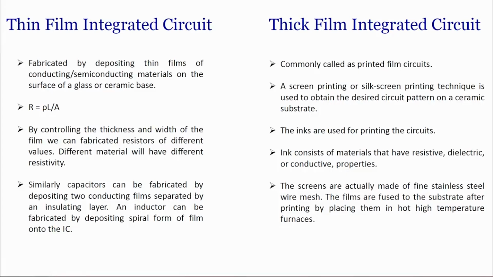For example, if you want to fabricate a resistor or a heater, then by controlling the thickness and width of the film, we can change the resistance of the heater. Additionally, different materials with different resistivity can be deposited. Same way, we can also fabricate a capacitor.